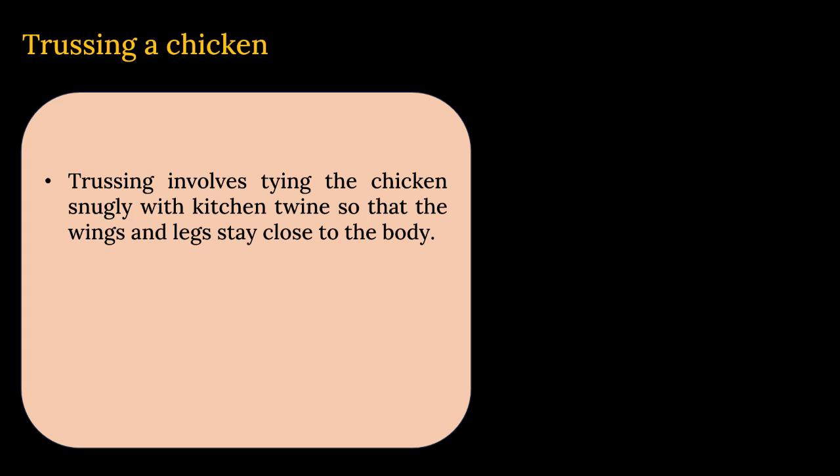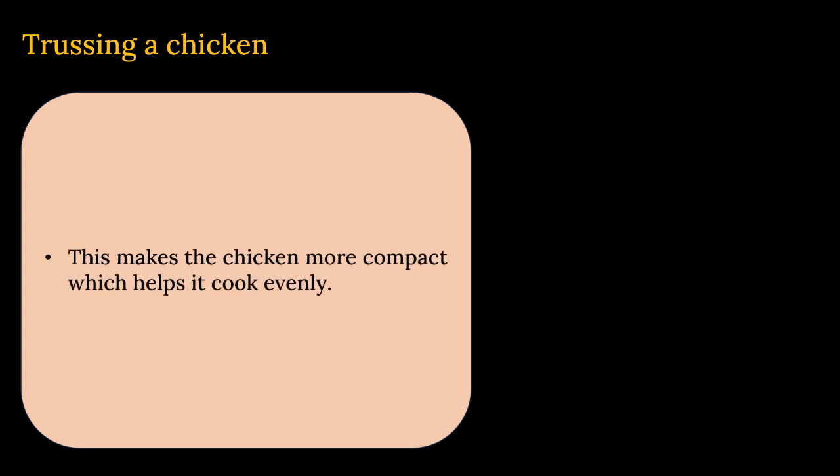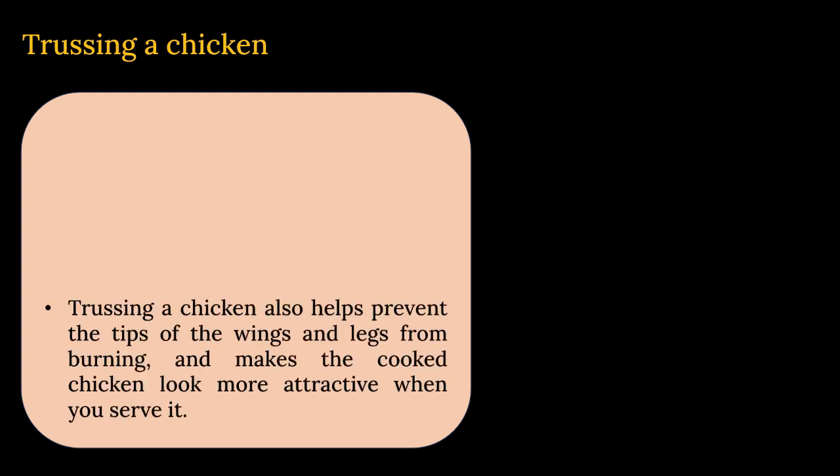It will be very compact to look at. This makes the chicken more compact, which helps it cook evenly. Heat will be distributed and it will be cooked very evenly. Trussing a chicken also helps prevent the tips of the wings and legs from burning and makes the cooked chicken look more attractive when you serve it.